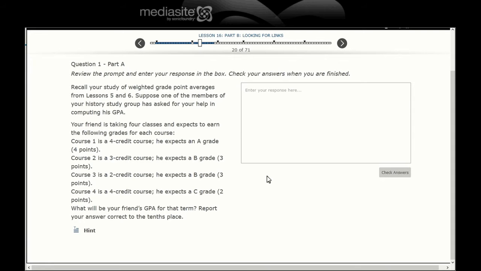So what we can do is set up a quick table for credit hours, grade, and a product.